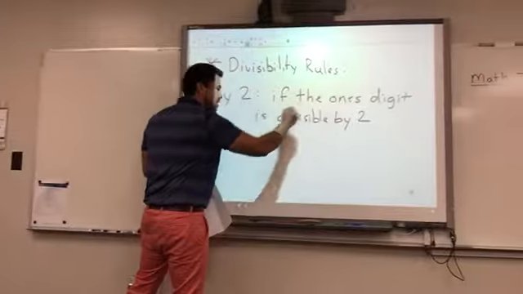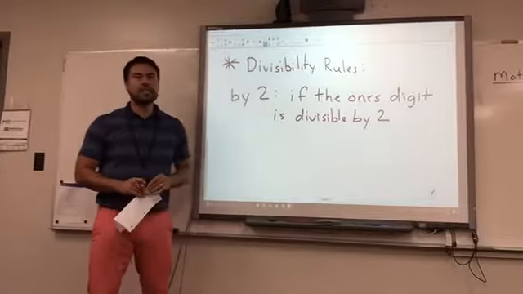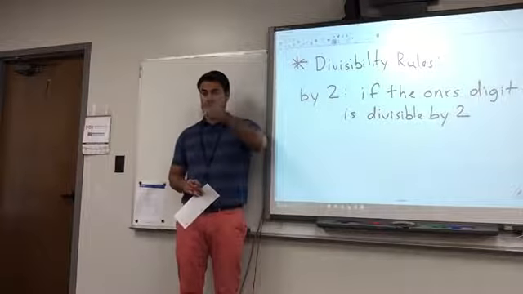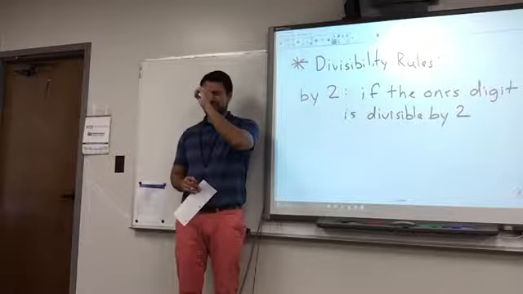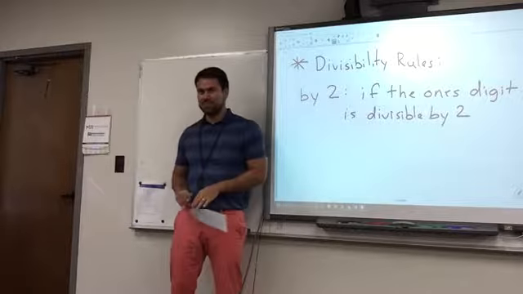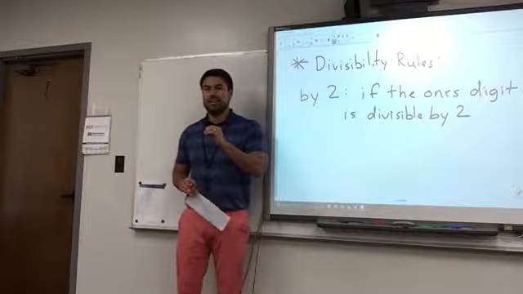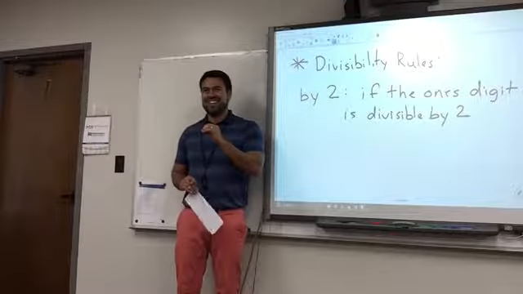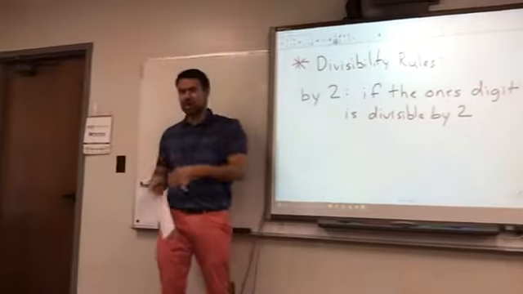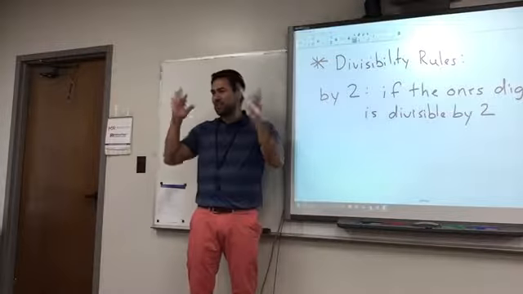If the ones digit is divisible by 2, so what digits can a number end with to be divisible by 2? Give me all of them. 1, 2, 3, 4, 5, 6. You got some of them. Parker? B. Any variable. What? So I'm thinking divisible by 2, and B could be divisible by 2, but so I hope it's not too complicated.